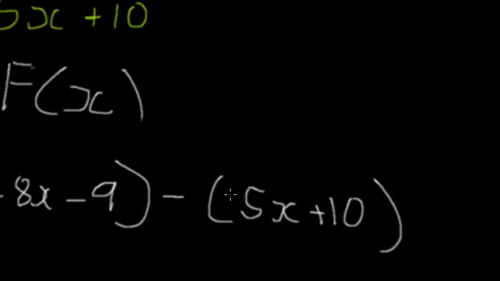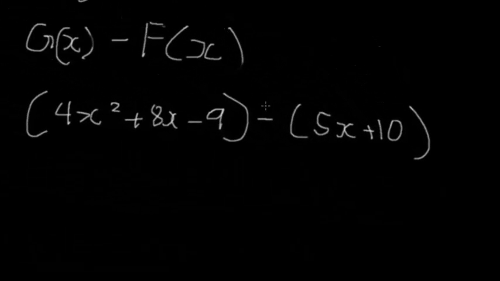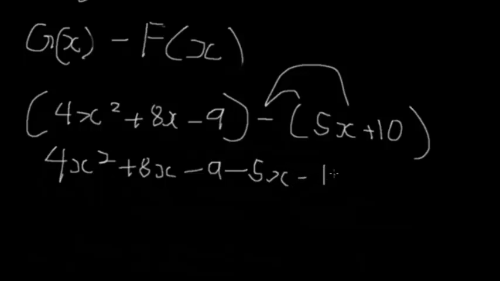However, when you subtract them with each other, the minus goes here and goes there too. So it becomes 4x squared plus 8x minus 9 minus 5x, and the minus travels and goes to minus 10, and then you just solve them as it is.